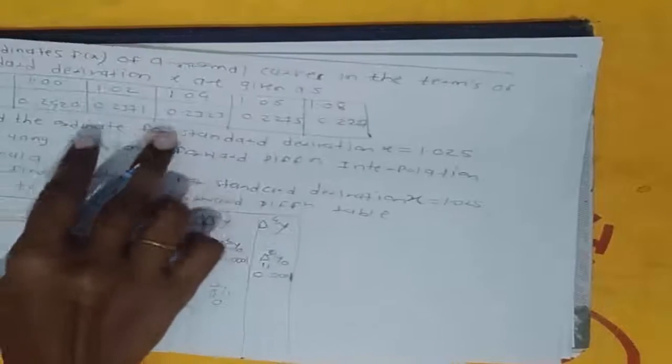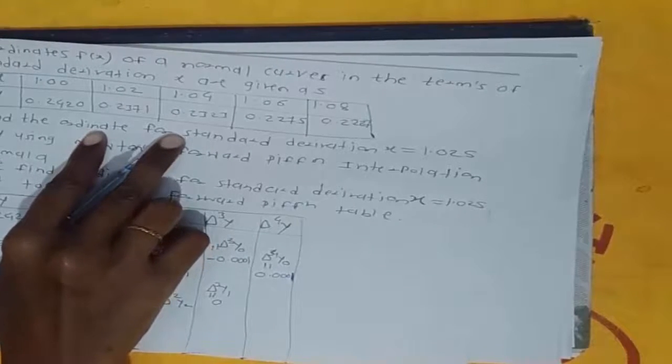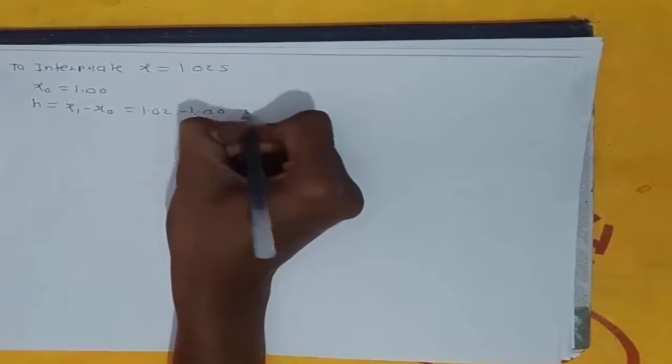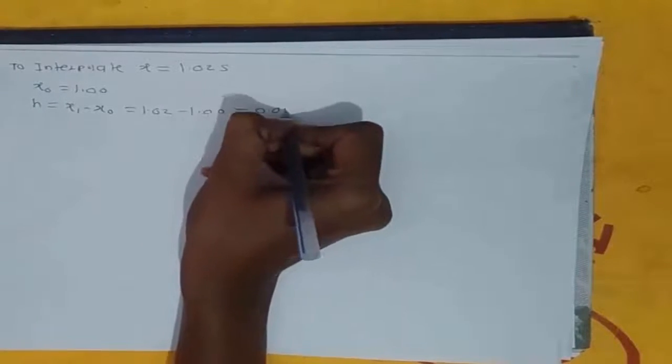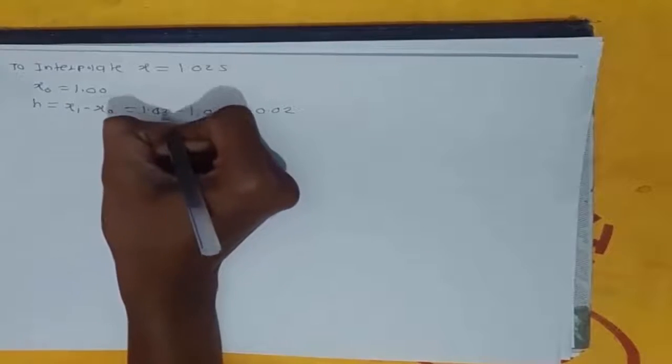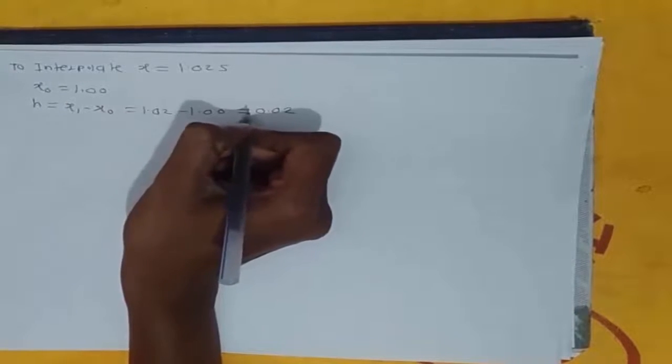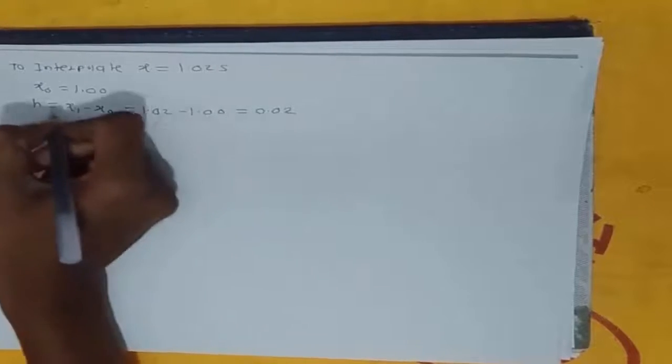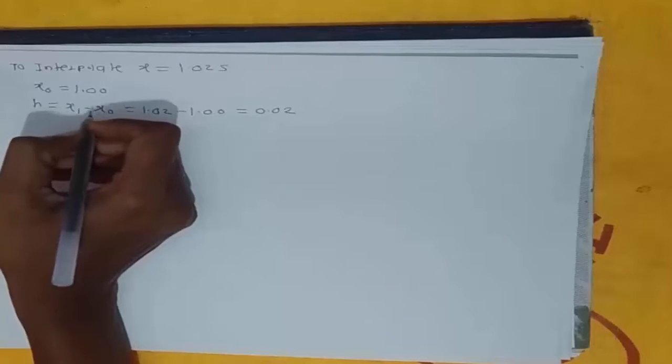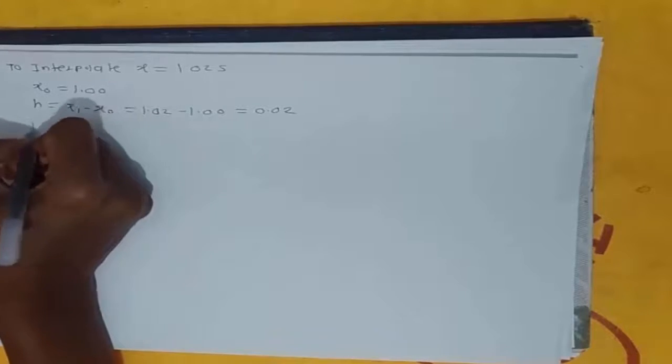And h is equal to x1 minus x0, or we can take any two consecutive values of x and take their difference, that is 1.02 minus 1.00, so h will be 0.02. By observation we can also write it directly.